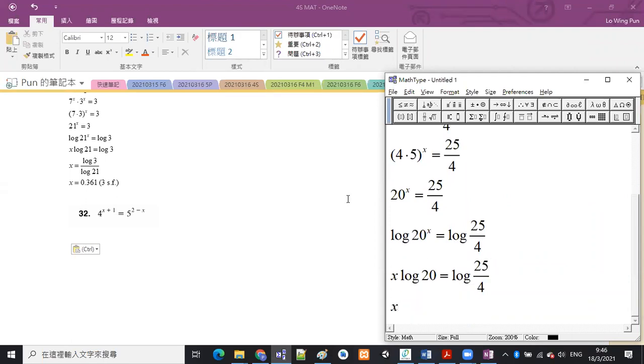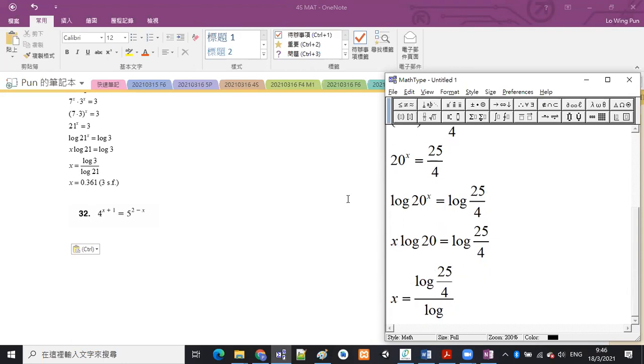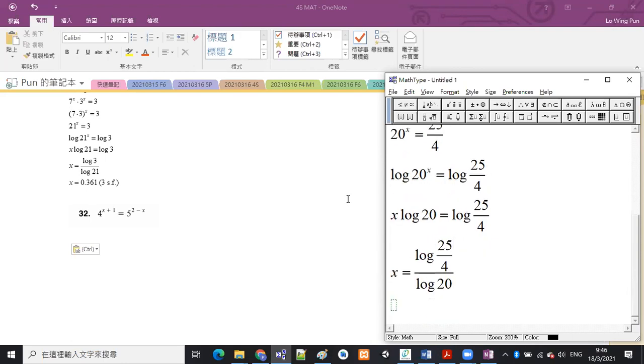And then we just divide by log 20 to the right hand side. Finally, use the calculator to help you find the answer. So log 25 over 4 divided by log 20 is equal to 0.612. So x is 0.612, and this number is correct to 3SF.